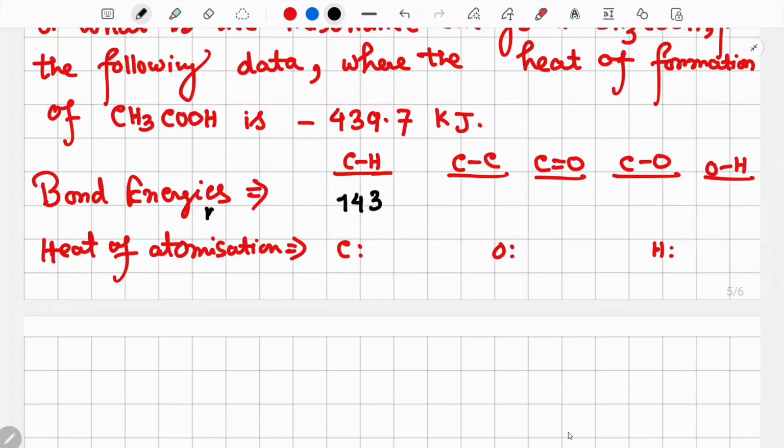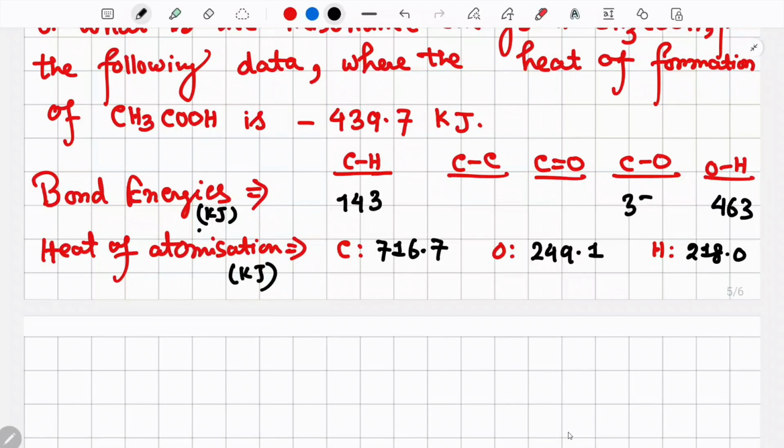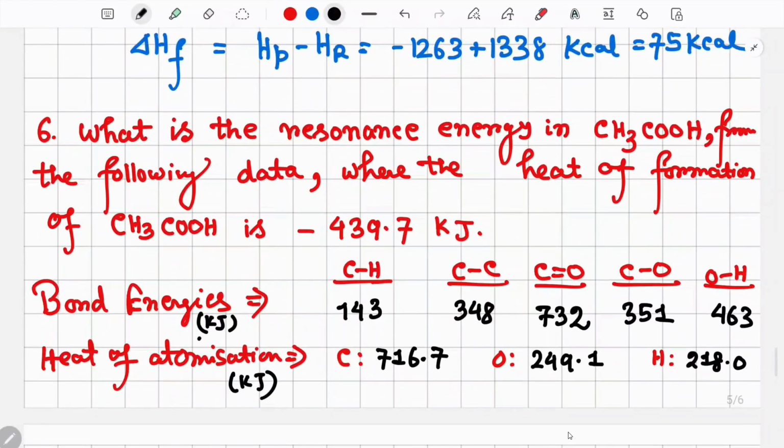This is all in kilojoule. Just write, following the same procedure.